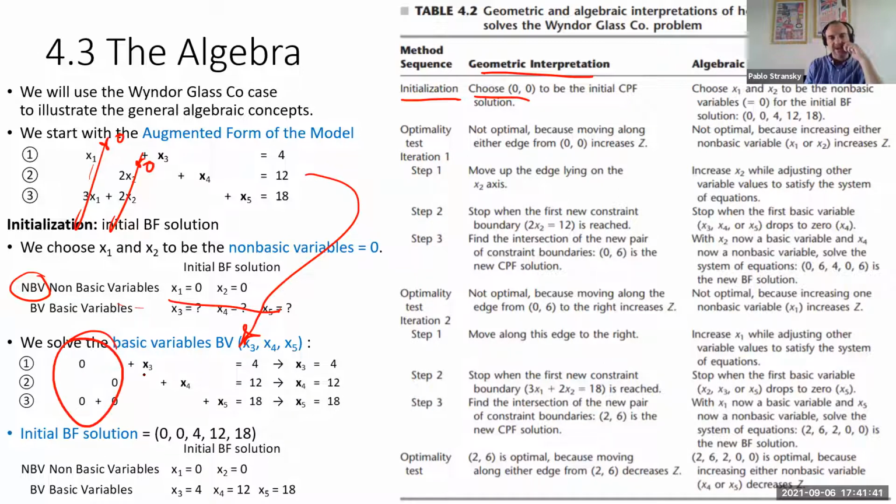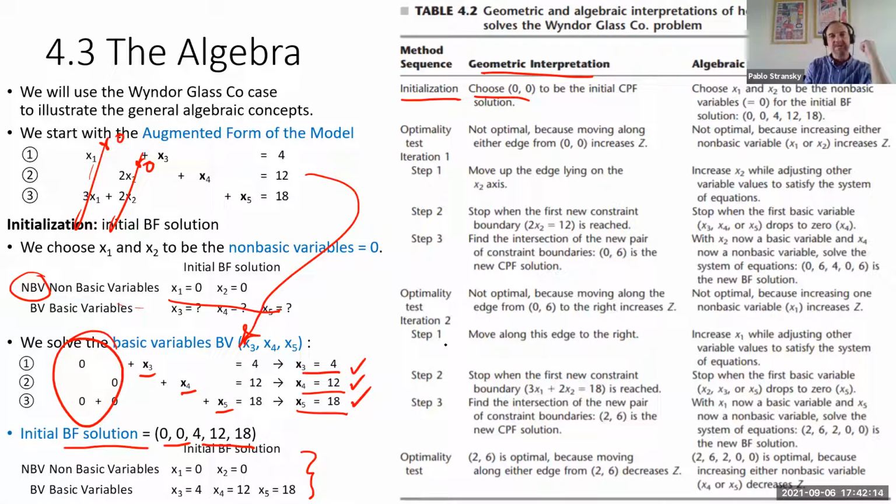So we have now that x3 is gonna be equal to 4, x4 should be equal to 12, and x5 will become 18. So my initial BF solution will be x1, x2 equals 0, x3, x4, and x5, now 4, 12, and 18. So my basic variables are these.